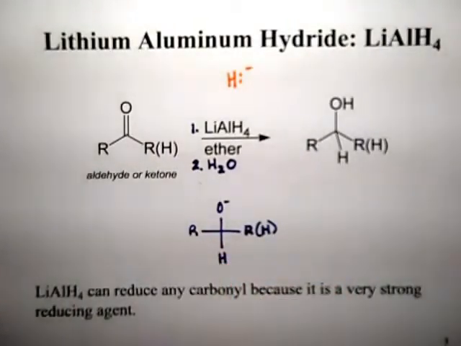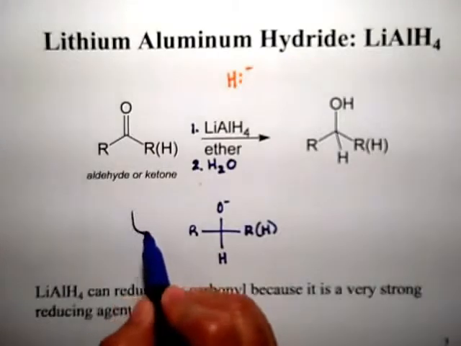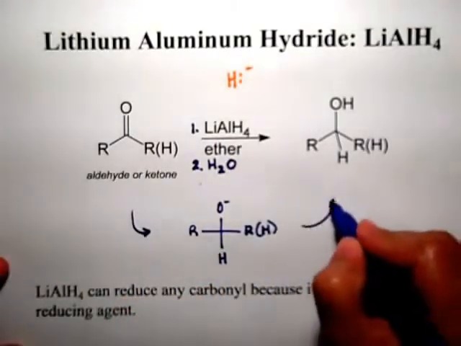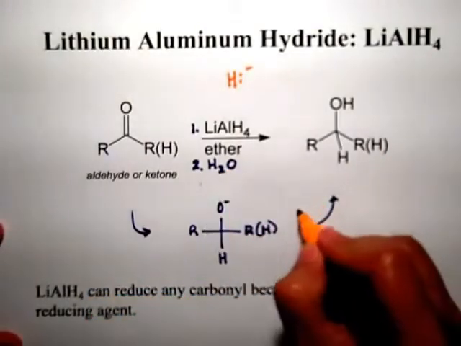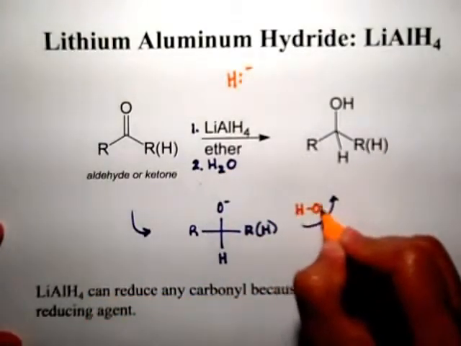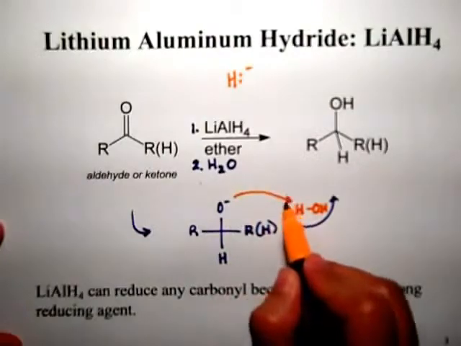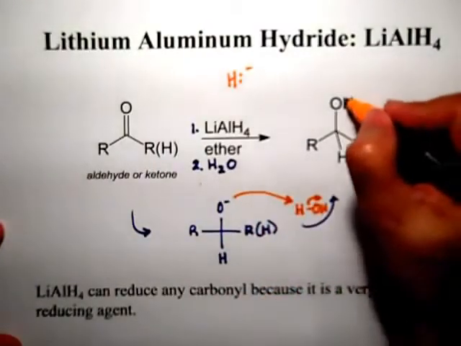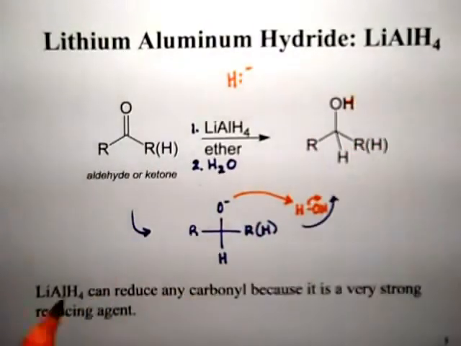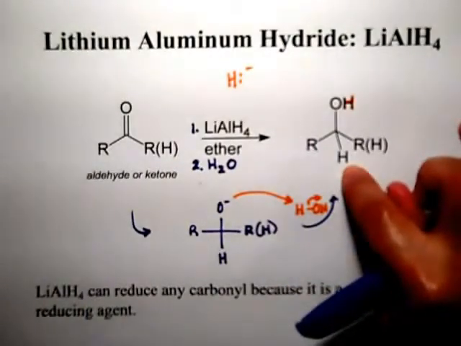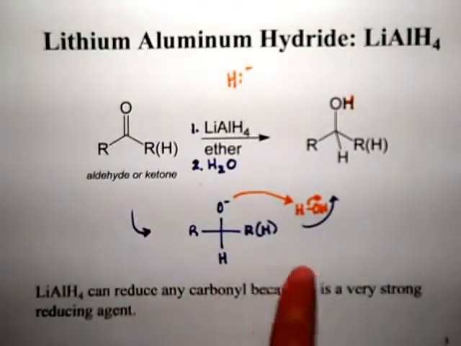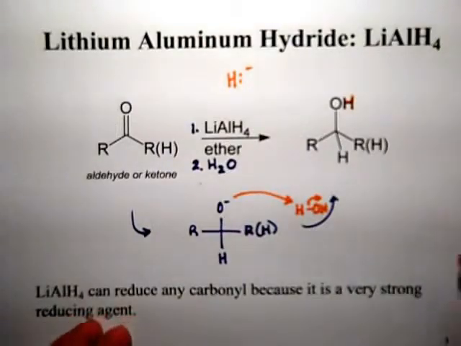This is the hydride from the lithium aluminum hydride, and then nothing can leave. So the next step would be when we add the water at the very end, the oxygen picks up a proton from the water. So this hydrogen right here on the oxygen came from the water. This hydrogen came from the lithium aluminum hydride. Now this is a very simplified mechanism that doesn't take into account what the aluminum or the lithium are doing.